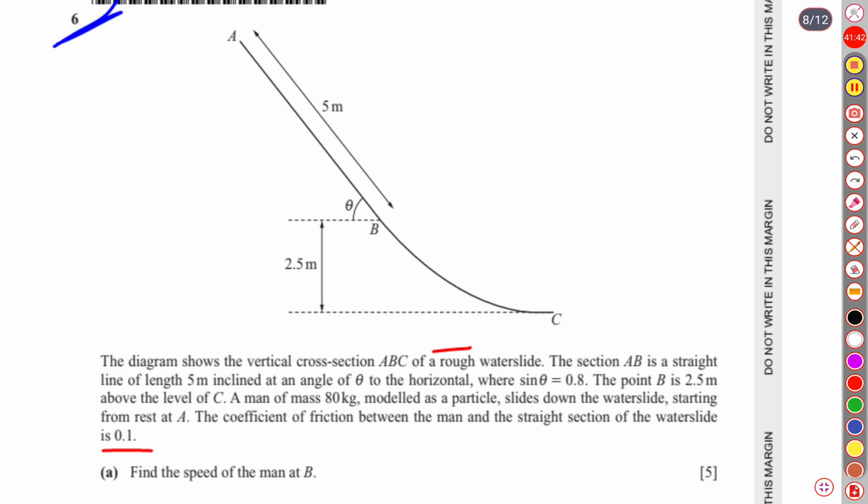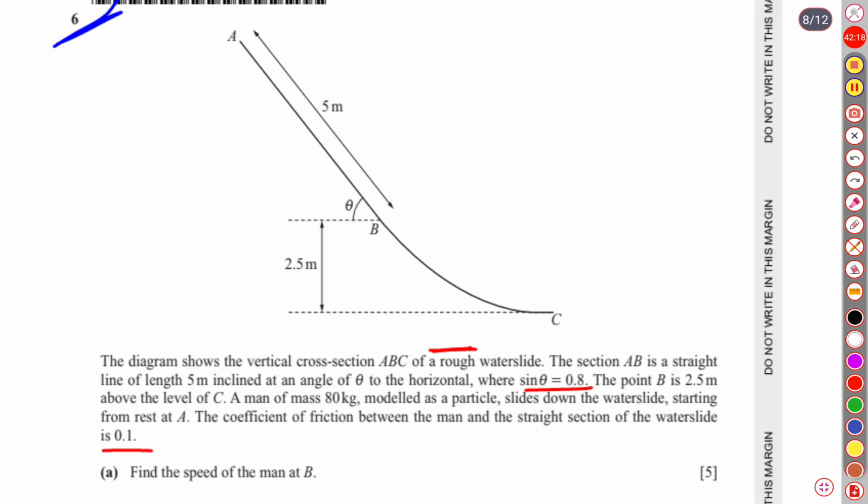So directly we cannot find the speed here. There will be two steps. First we will find acceleration, and for acceleration we always apply Newton's law of motion. Before that, as the plane is rough, we will have to find the components, so first of all we'll find our normal reaction force. One more thing: the angle is not given.